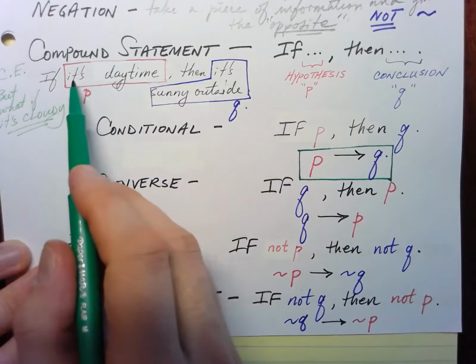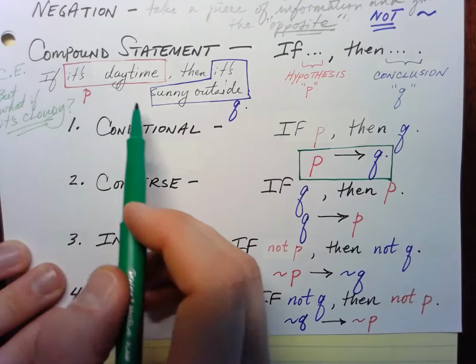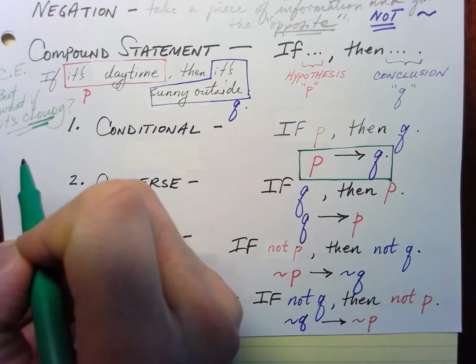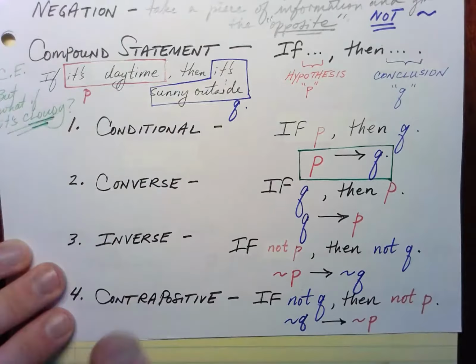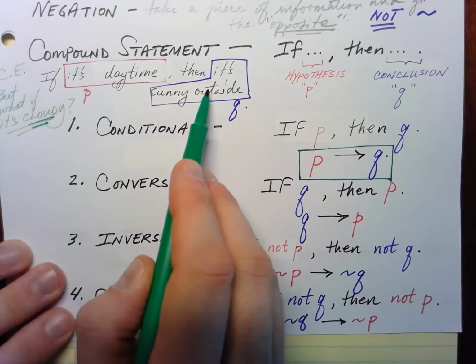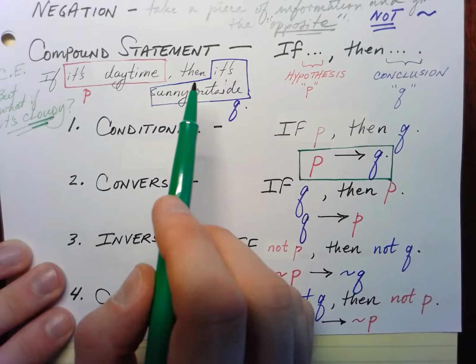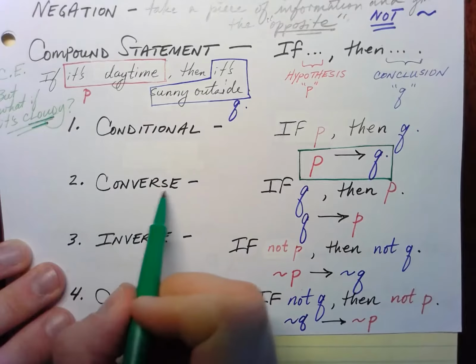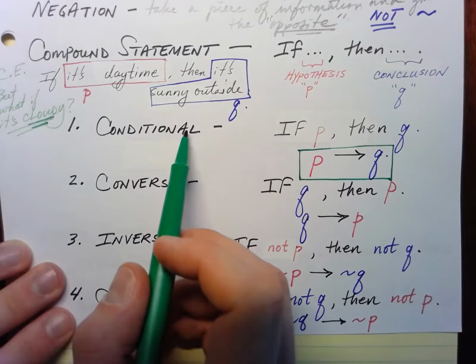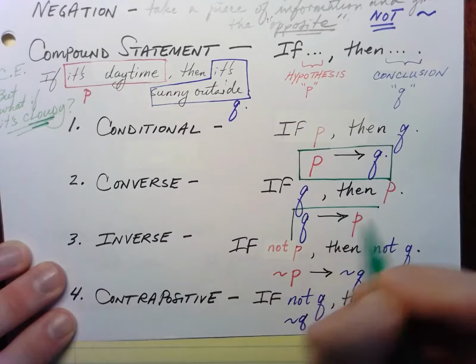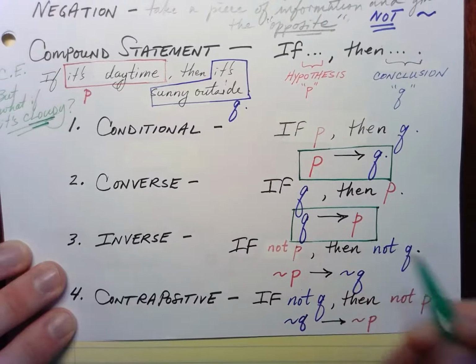Whereas this, as it's given, the conditional, we have a problem with it because what happens if it's cloudy? If I reverse it and do the converse, if it's sunny outside, then it's daytime, that's always going to be true. So the converse in this case is true, the conditional is not true, it's false. And so we would write this just by reversing the order, we would write this like that. Okay?